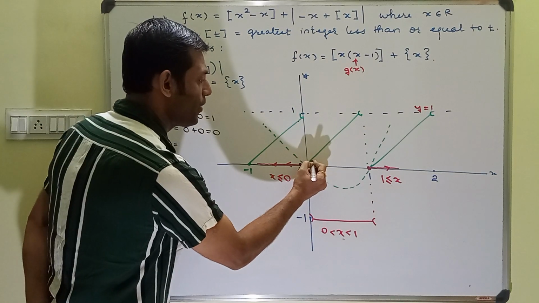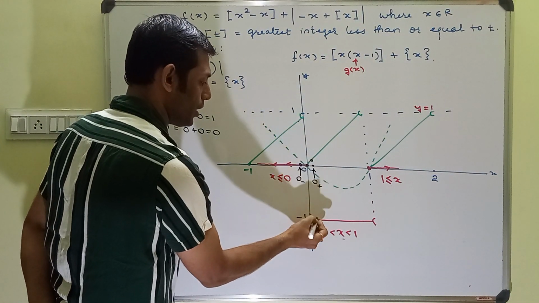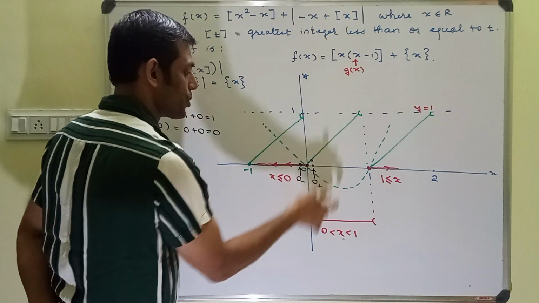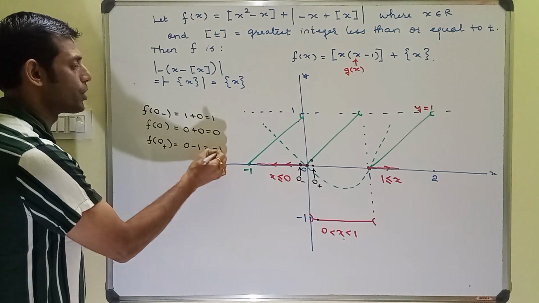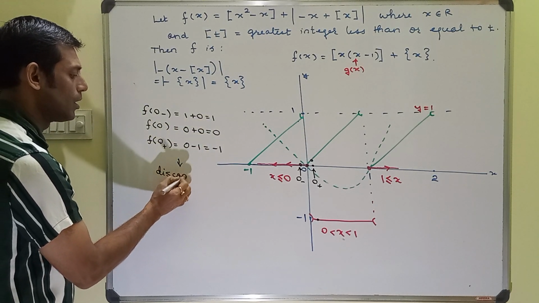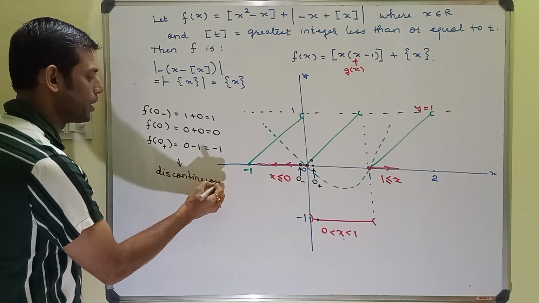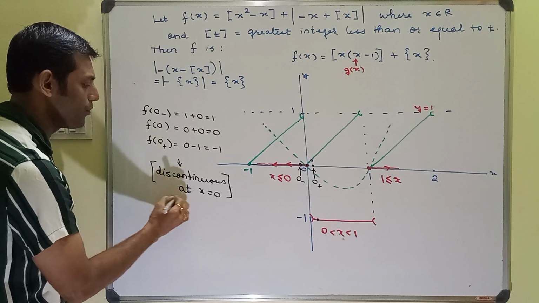At 0 plus, I am very close to 0 with this value, and I am at minus 1 with this value, and that means the addition is going to be 0 minus 1, which is equal to minus 1. This tells me the function is discontinuous at x equal to 0. This is the conclusion for 0.